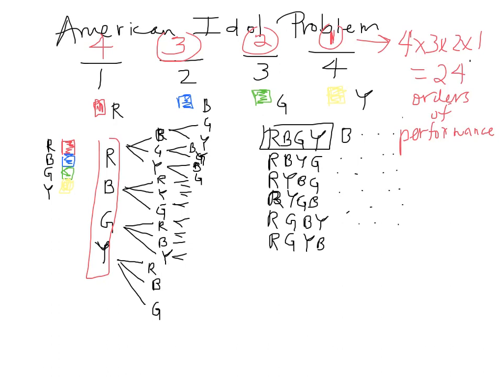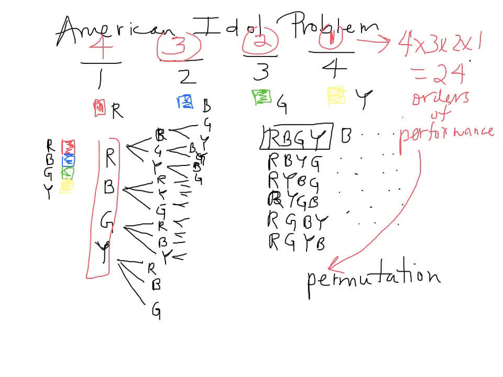Okay, so what we're going to do, and we'll do this more in class, relates to the permutation formula. When you have a set of things that you're ordering, that's called a permutation.